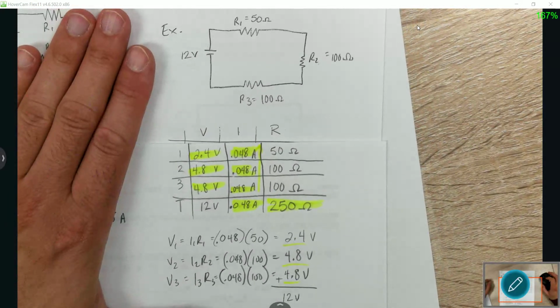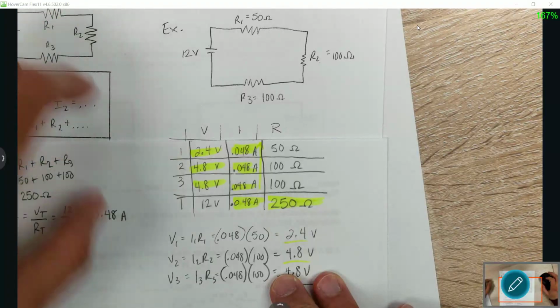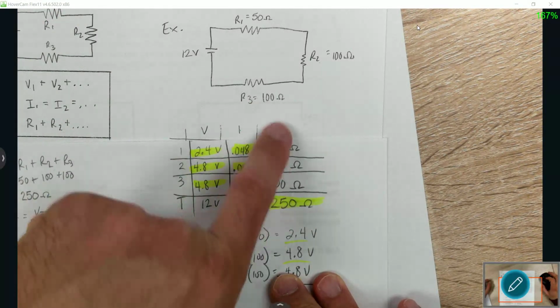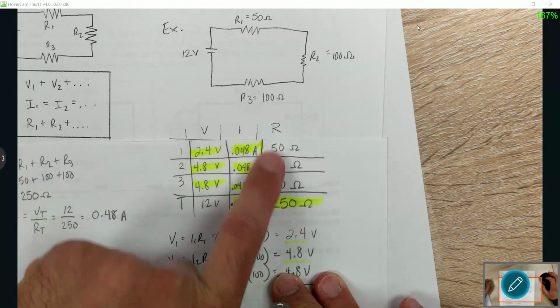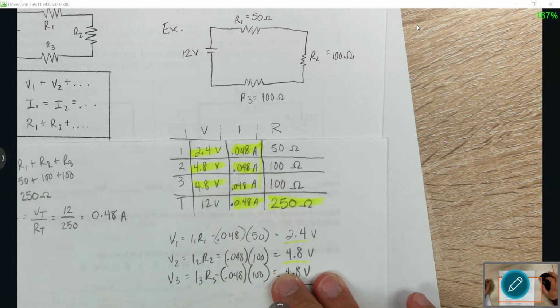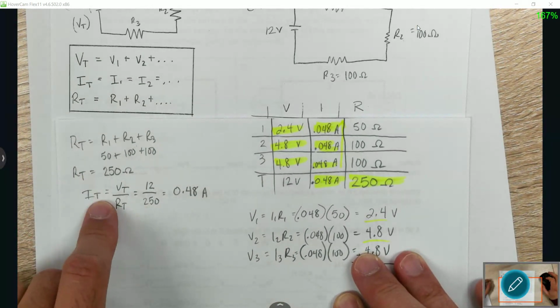For that circuit there. So number 2 is pretty much the same method, same way. You have all the resistors and the total voltage. You add all your resistors up to get the total resistance. And then you can find the current, all right?